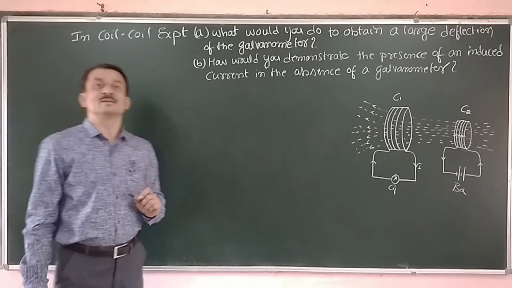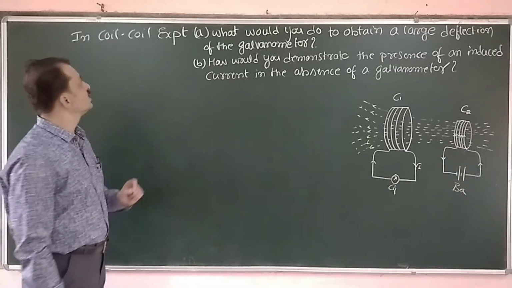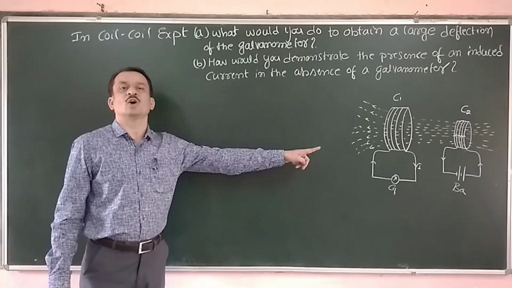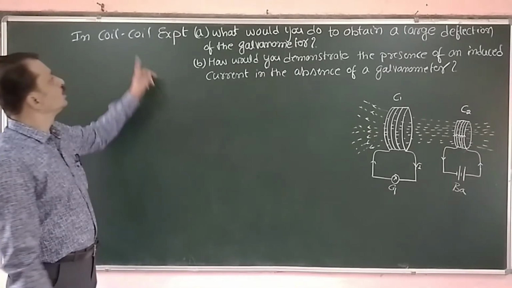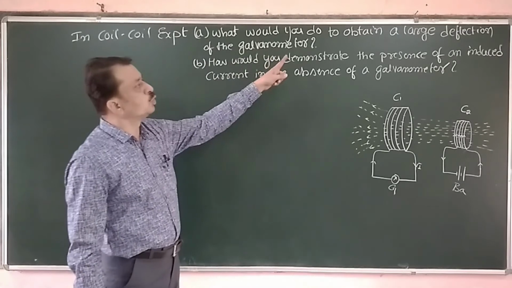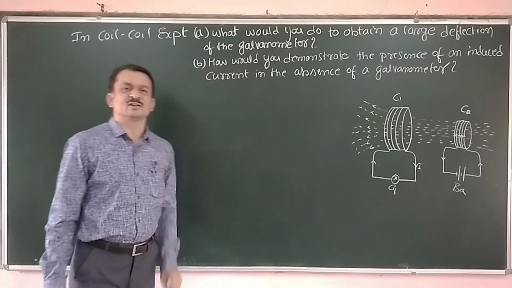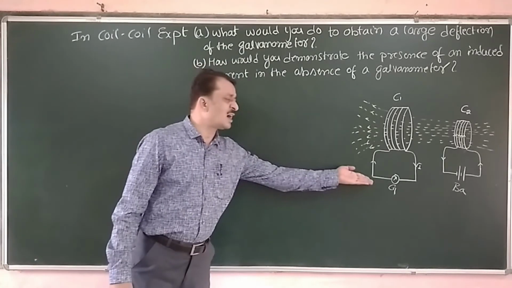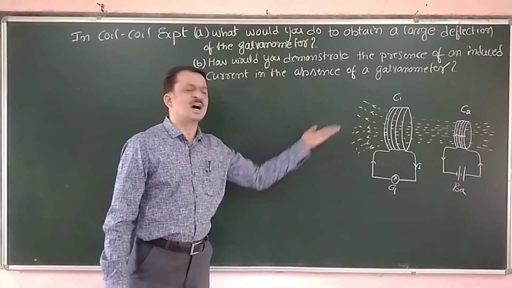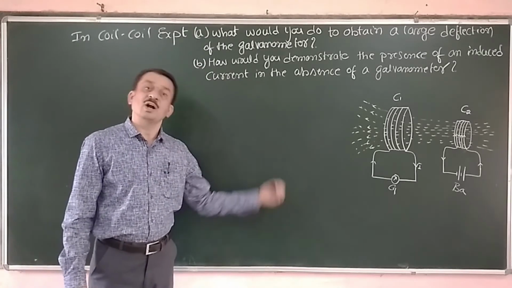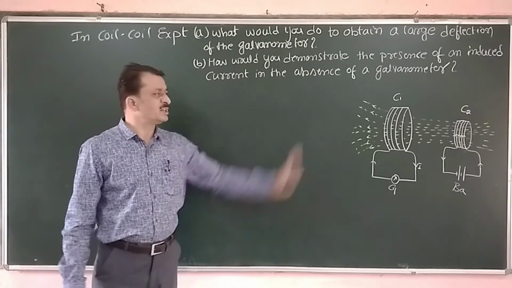Now today we will study some interesting questions. Look here, in this experiment, that is the second experiment, the coil experiment, what would you do to obtain a large deflection of the galvanometer? In order to get a large deflection, that means in order to get a large induced EMF and hence larger current, what can we do in this experiment?